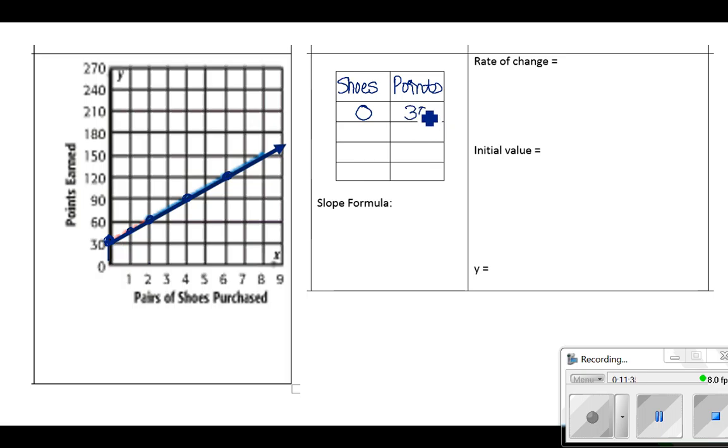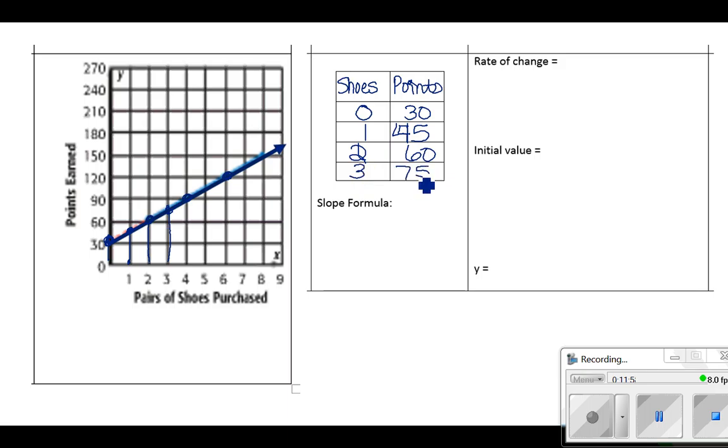Then you have 1 pair of shoes, and that is 45 points. 2 pair of shoes is 60. And 3 would be 75.